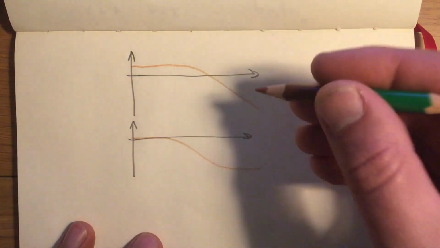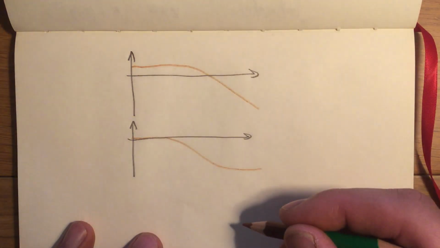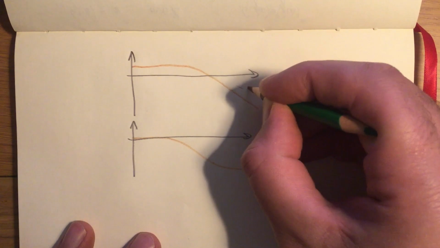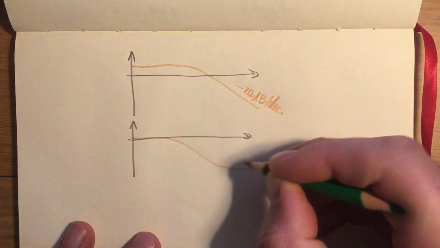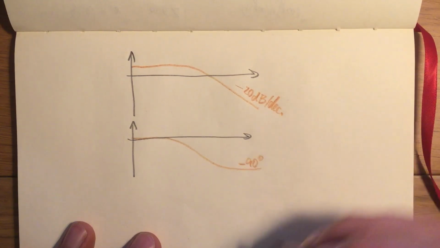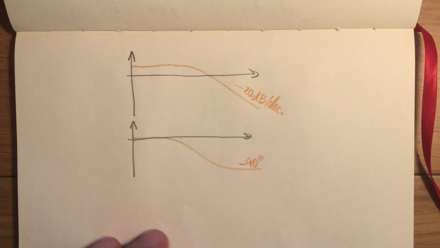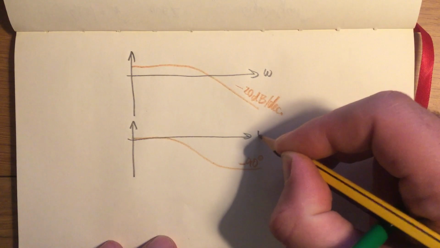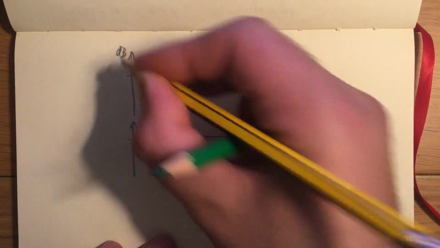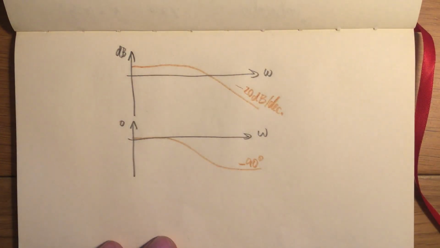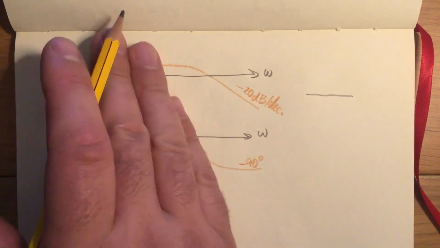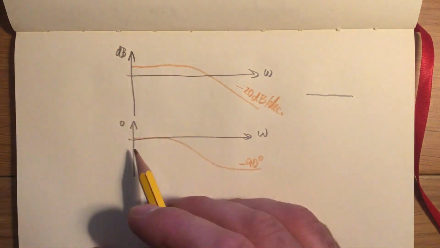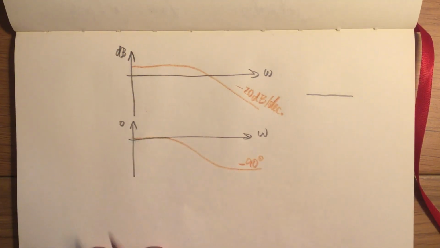A system with this gain behavior, with a slope here of minus 20 decibel per decade and a phase here of minus 90 degrees, will be a system which I can describe using a first order transfer function. At low frequencies, I have a constant gain and a phase of 0 degrees.